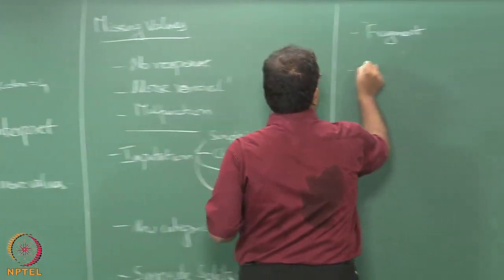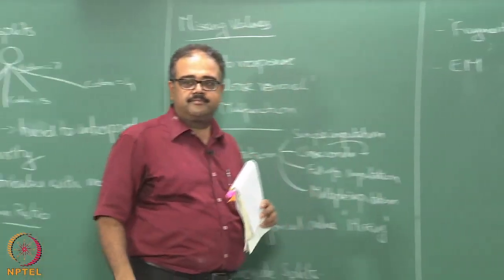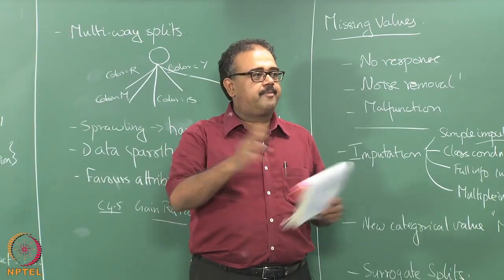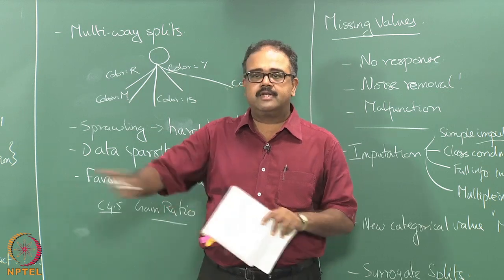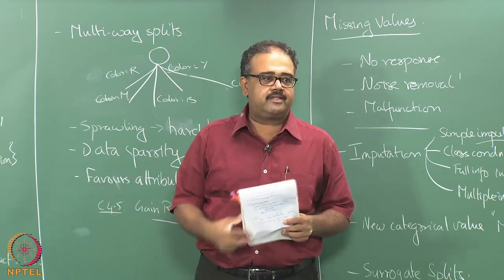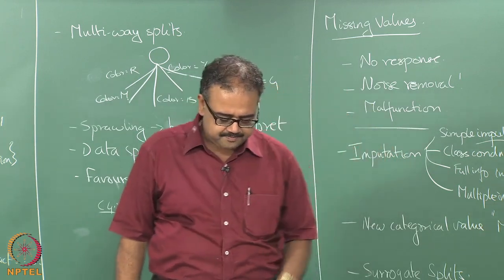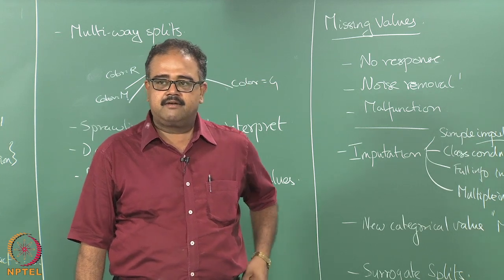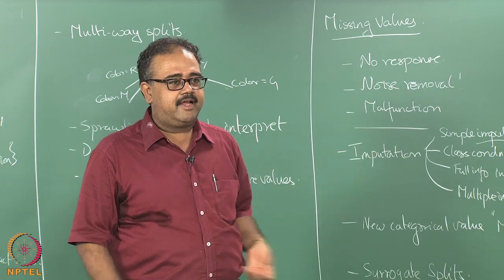So the last way of handling missing values is something called EM, expectation maximization. It is going to keep cropping up all over the place as we go along, but we will formally deal with expectation maximization much later. So just be aware that when we look at EM, handling missing values is one of its applications.